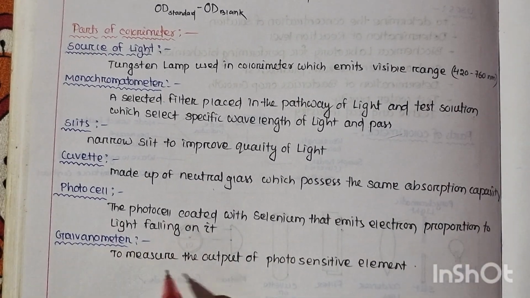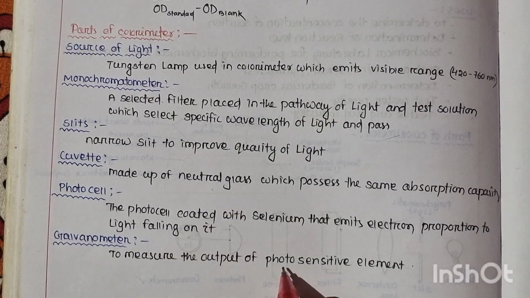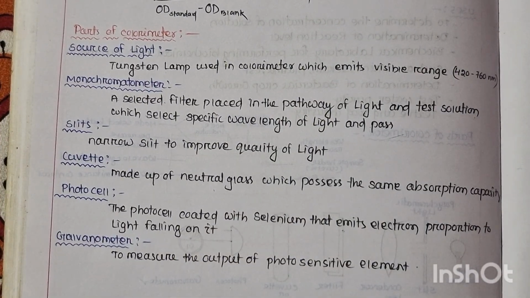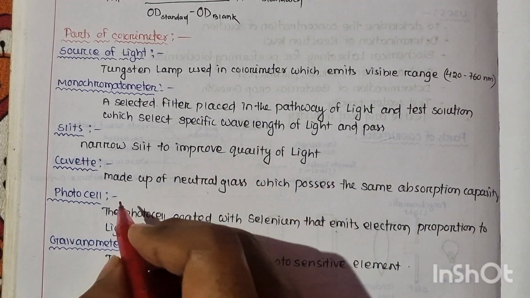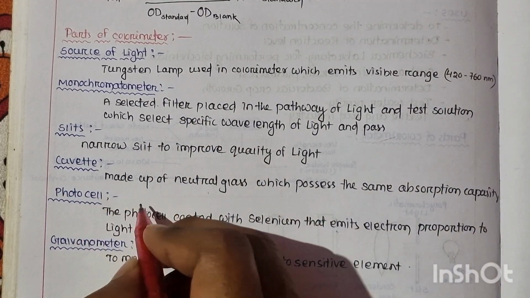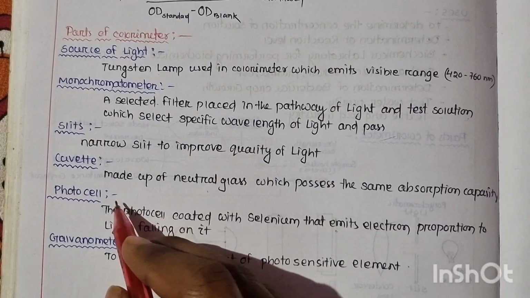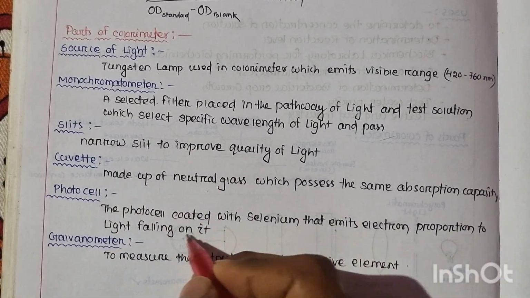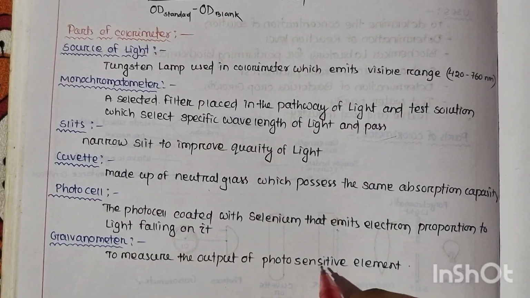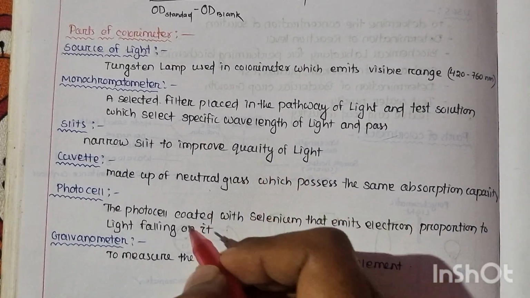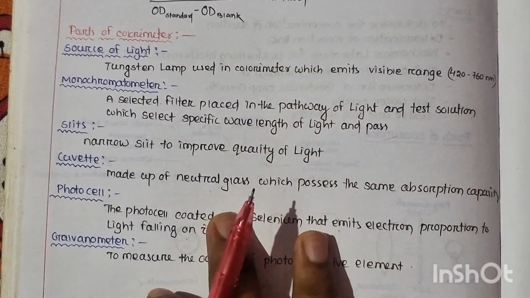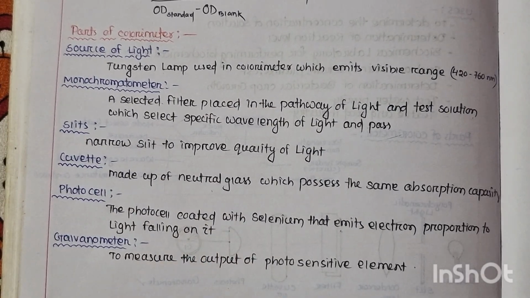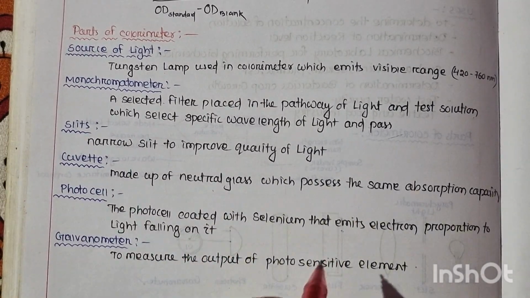Then the galvanometer, which measures the output of the photosensitive element, means the light absorbed by the photocell. The photocell converts the light to electrons and sends them to the galvanometer, which gives the reading from which we can measure the absorption of the density of the solution. It's all about the colorimeter.